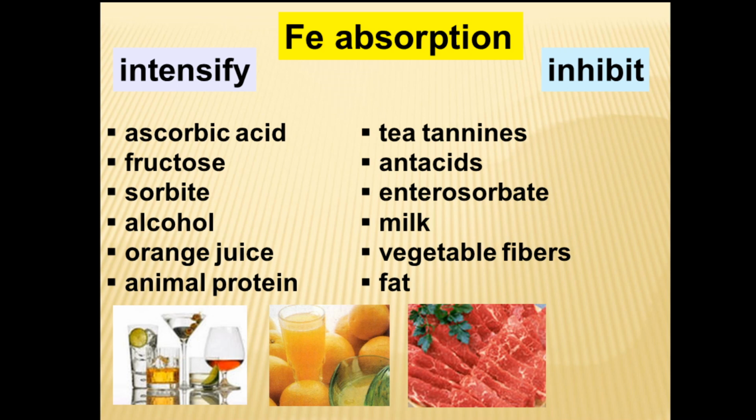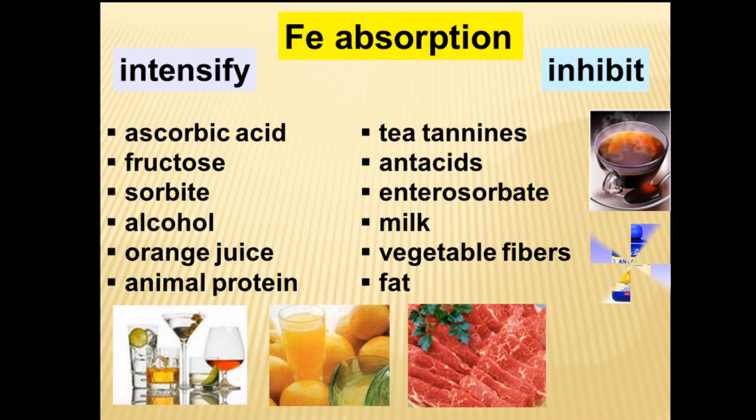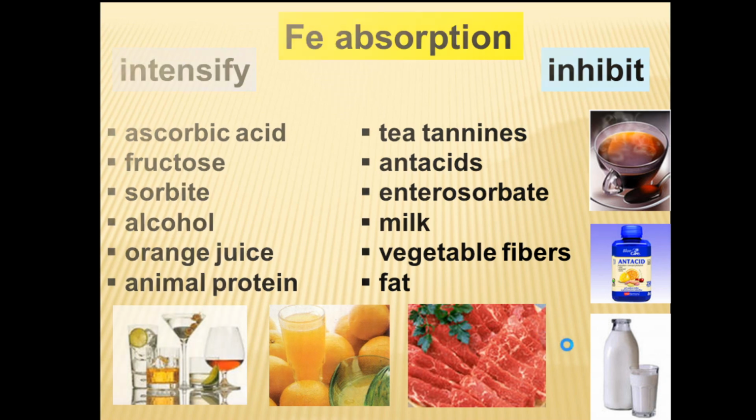We must remember that absorption of iron is inhibited by thiotenins, antacids, enterosorbates, milk, vegetable fibers, and fat. And when you prescribe iron medicines, recommend to the patient some dietary recommendations.